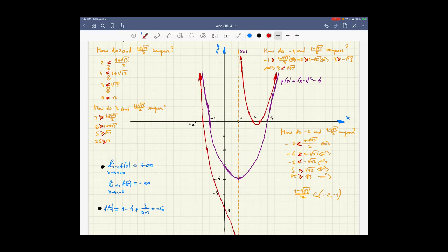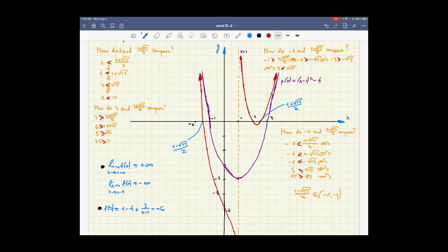Again, this root here is 1 plus root 13 over 2. This is 2. This number here is 1 minus root 13 over 2.